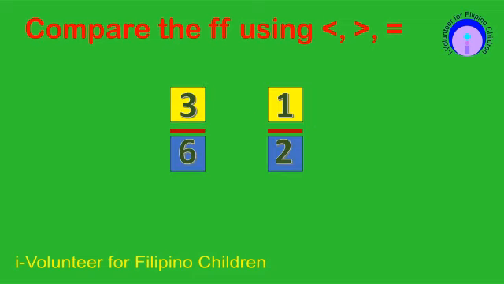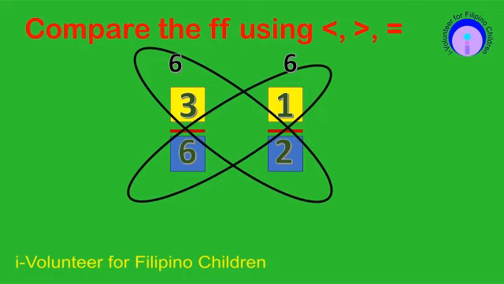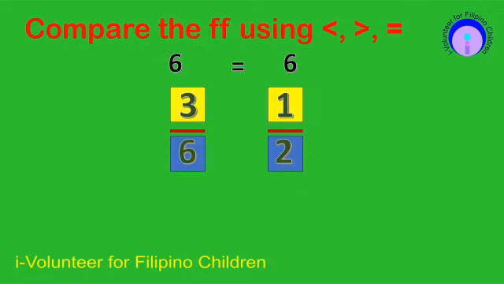Let's compare 3/6 and 1/2. 2 times 3 equals 6. 6 times 1 equals 6. 6 is equal to 6. Therefore, 3/6 is equal to 1/2.